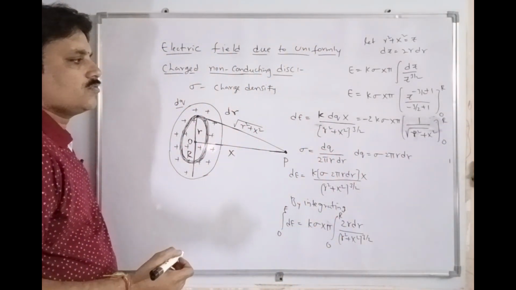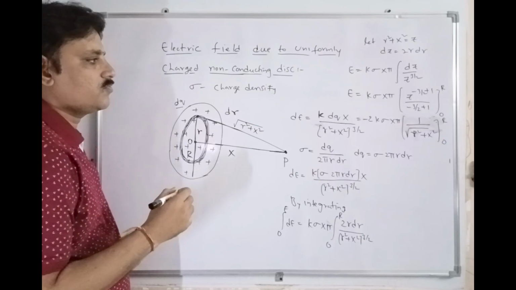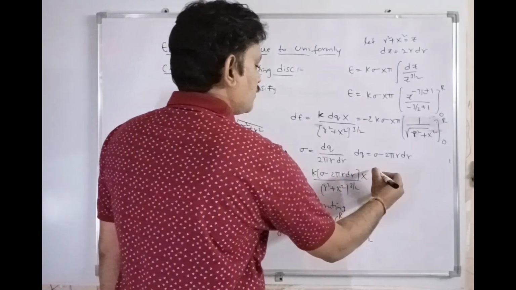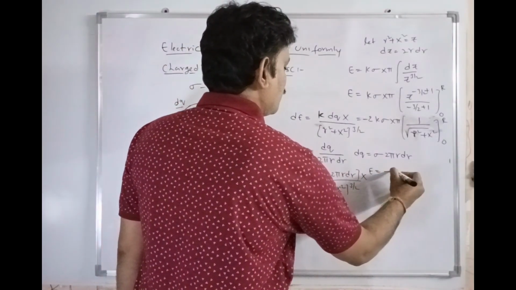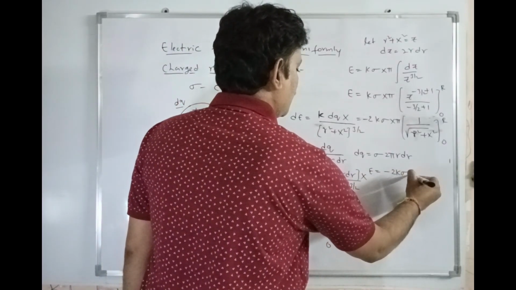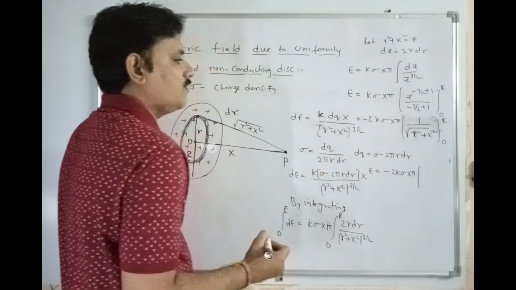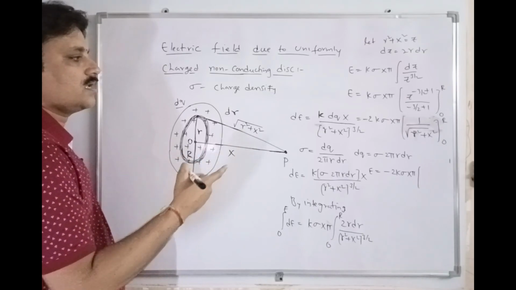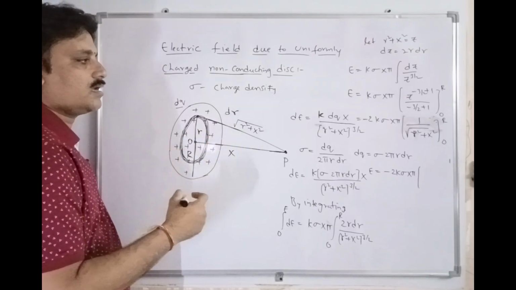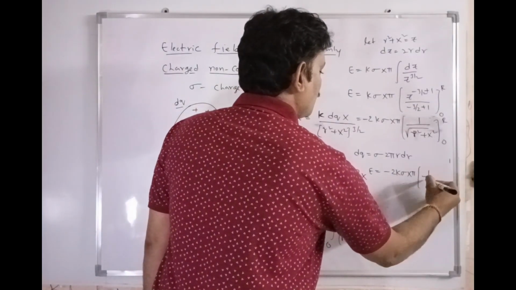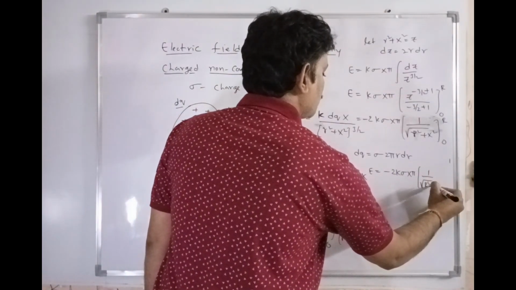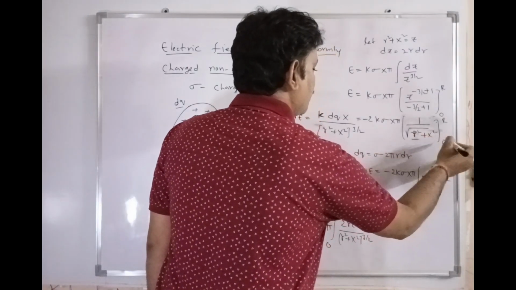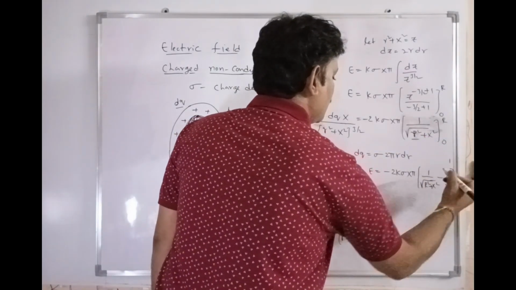So E is equal to minus 2k sigma x into pi into 1 by root r square plus x square. If you substitute the limit, in place of small r substitute capital R, that is 1 by root capital R square plus x square, and later in place of r substitute 0, that is 1 by x.